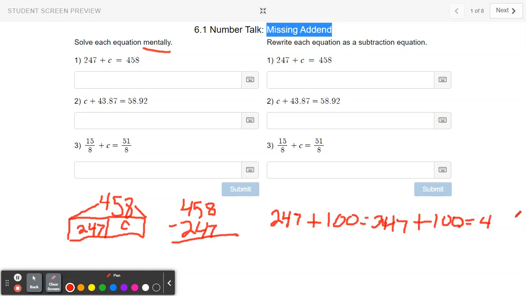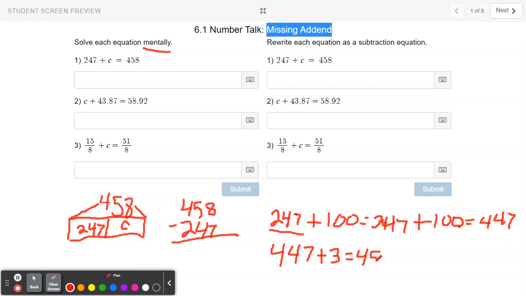So I'm at 447, and I've already added 200 on to my original amount, right? So I'm still trying to get to that target, 458. So I'm thinking, what do I add to 447 to get to 458? So from there, I like to use what is called sums of 10. And I know that if I add 3 to this, I get 450, right?